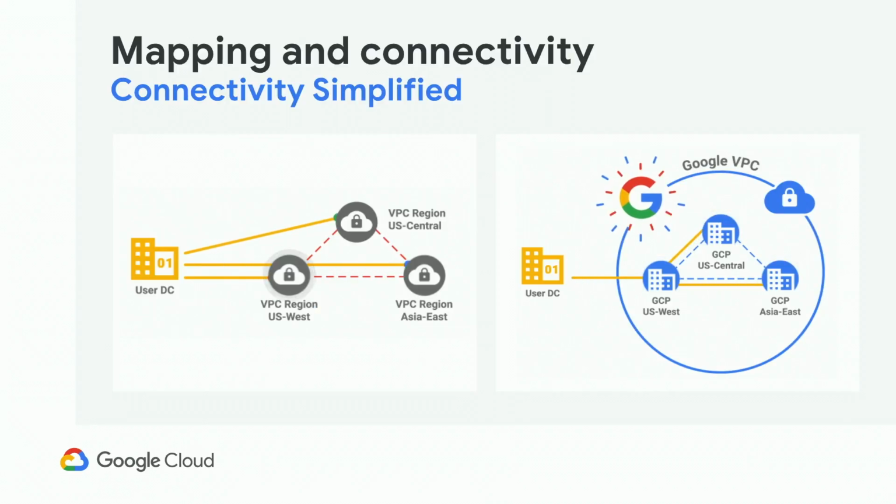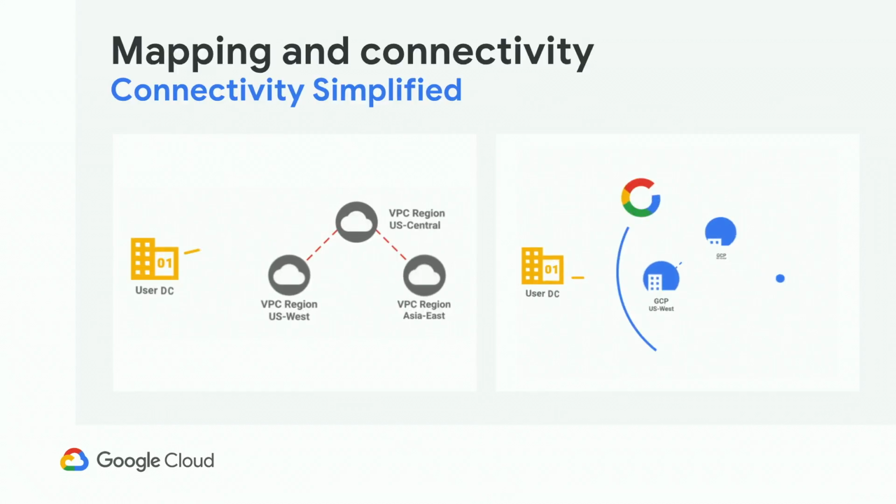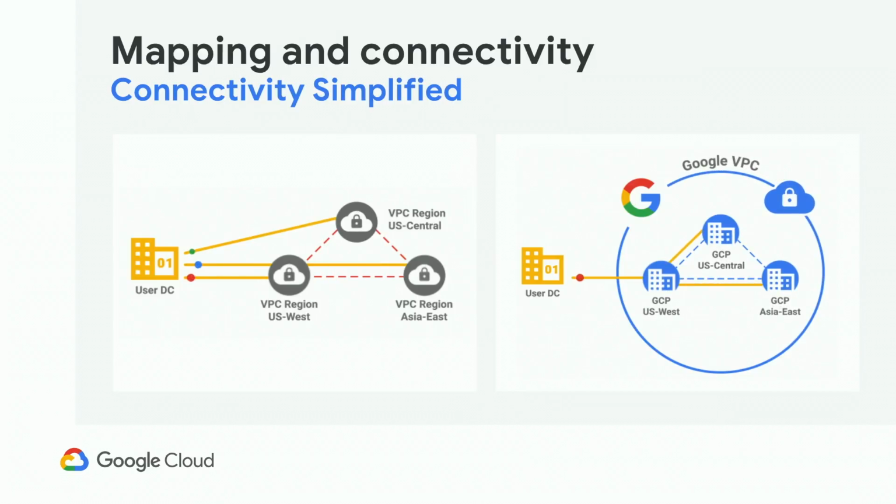So let's see what makes our VPC global and different. GCP takes a more intuitive approach to VPC peering by offering a concept of shared VPC, which is illustrated in this visual. Unlike AWS and Azure, GCP does not require that each project has its own network.